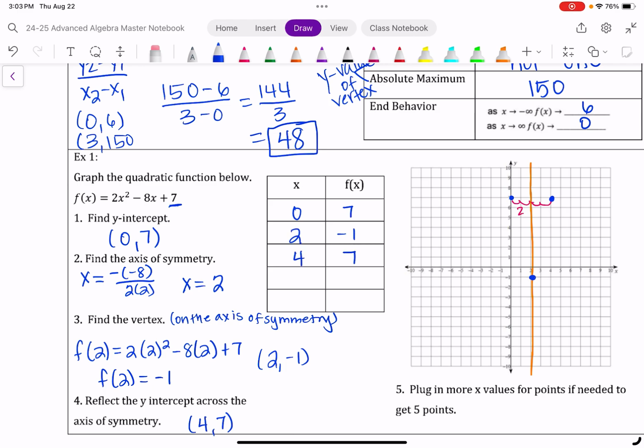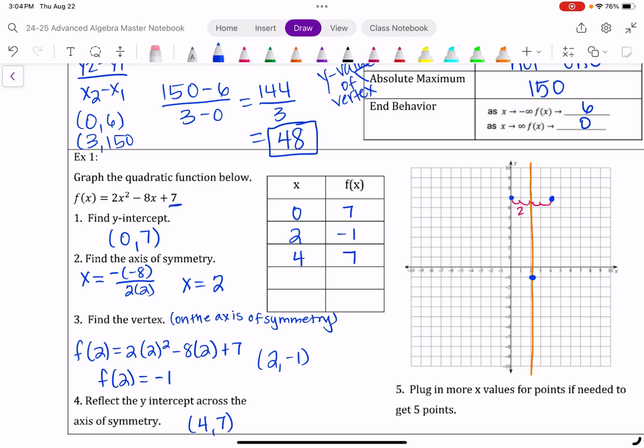I need 2 more. So I'm going to go to the calculator. I'm going to go to the table function, and I'm going to type in my function. 2x squared minus 8x plus 7. Hit enter.